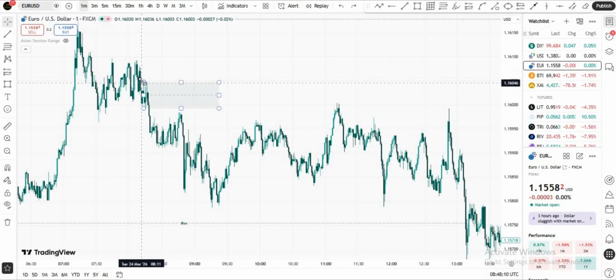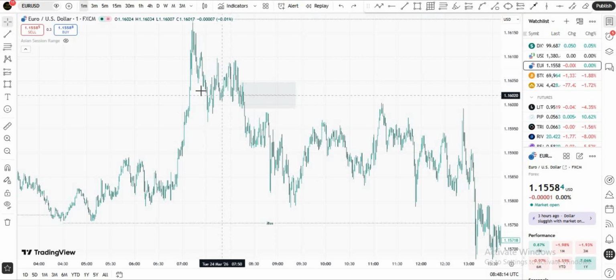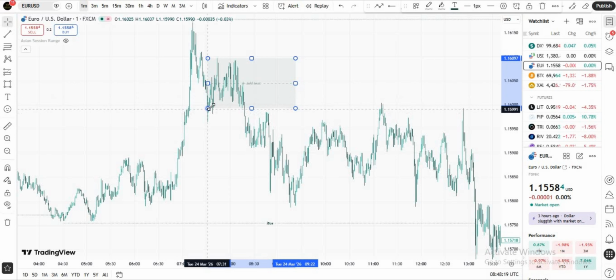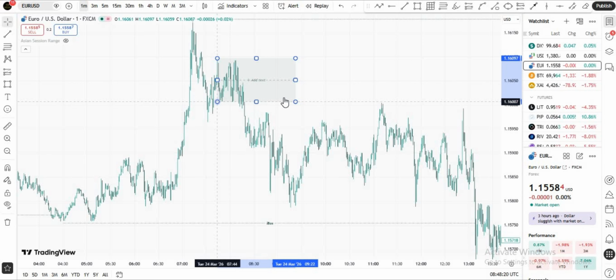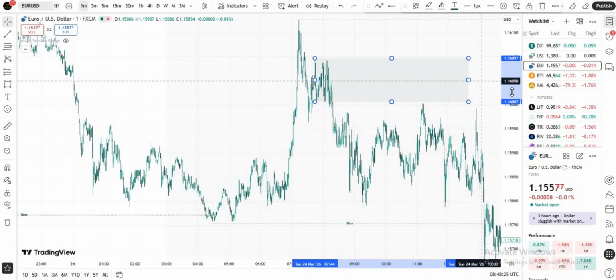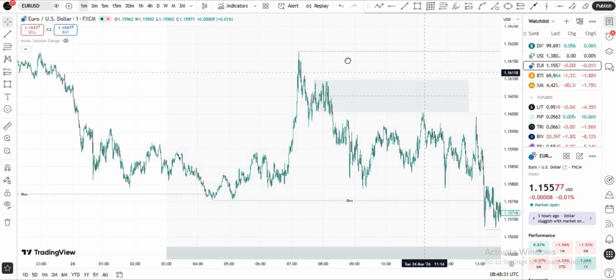The others have already been used. That's what made me ignore this whole block, not knowing that this whole block could serve as a supply zone that would drag price into it, cause price to stop, clear all these highs, and just mitigate this block and go down.